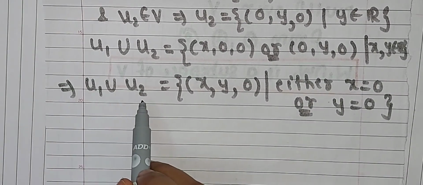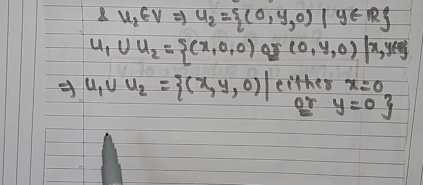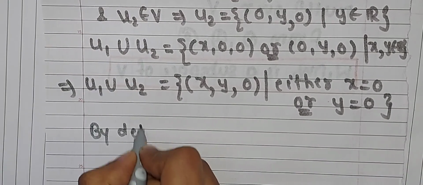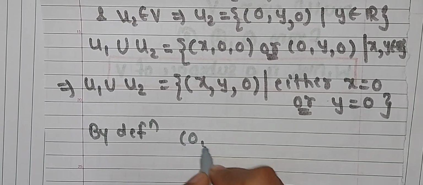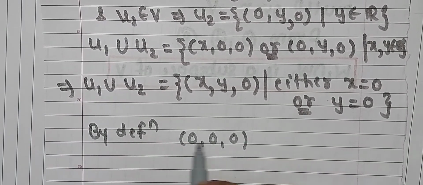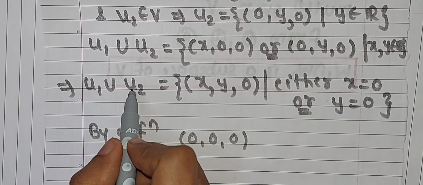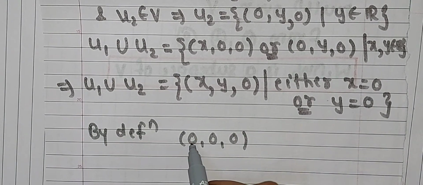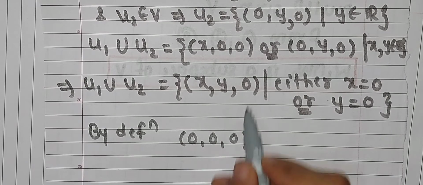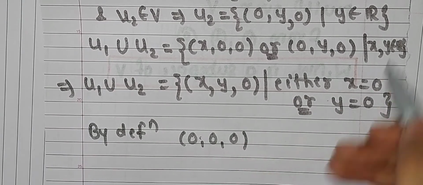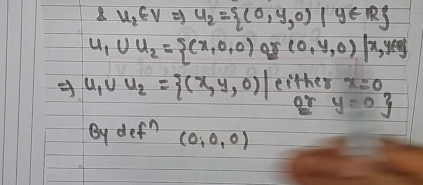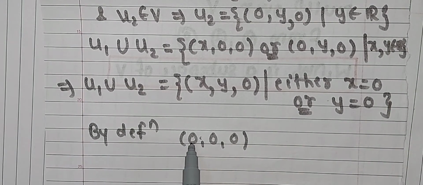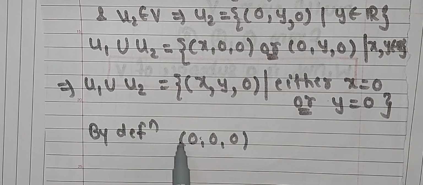The first condition of a subspace is that it is non-empty. As we can see, by definition, does (0, 0, 0) belong to U1 union U2? Yes, because X is equal to 0, so we can put X equal to 0, Y equal to 0 and Z equal to 0. That means when we consider the union, X and Y both belong to the real numbers, and 0 belongs to the real numbers.